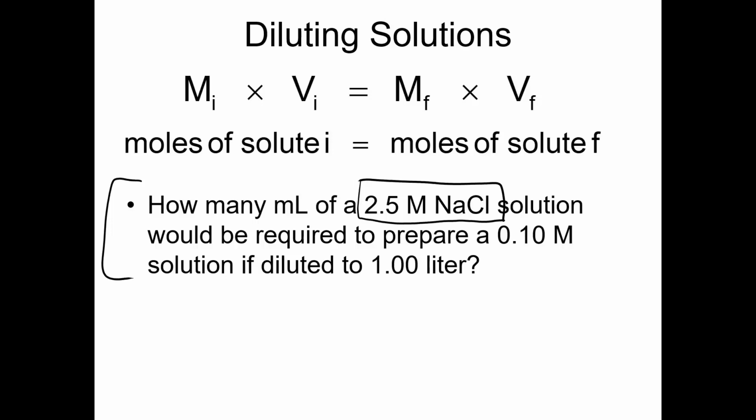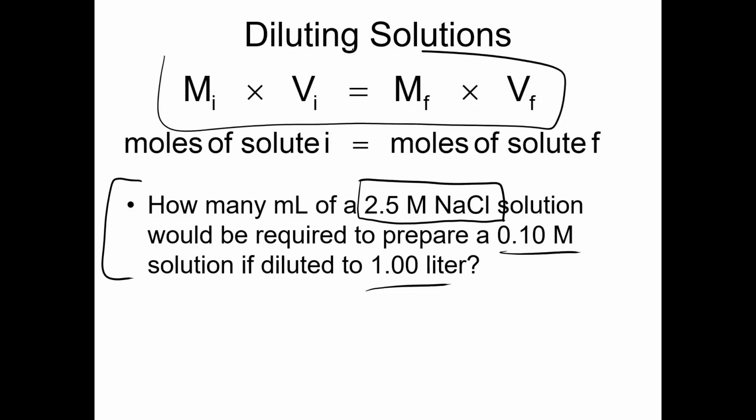Okay, I want to use it to make 1 liter of 0.1 molar solution here. Okay, so I can use this formula here. The initial volume times initial concentration or molarity equals the final molarity times the final volume.